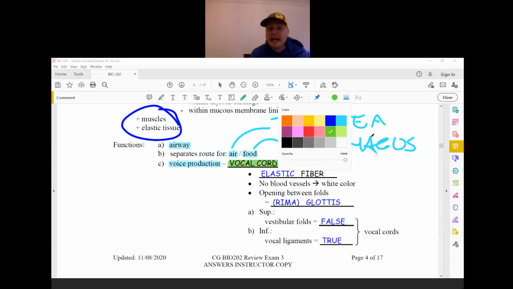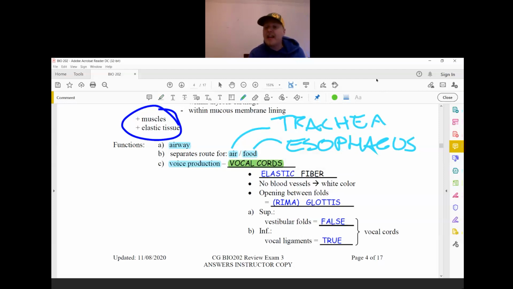Because they're elastic fibrous tissue, they are able to do this tightening and loosening. We also noticed that they're white in color, which tells us that there are no blood vessels running within the vocal cords.